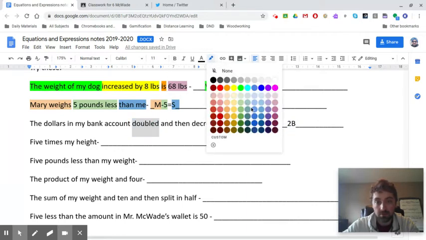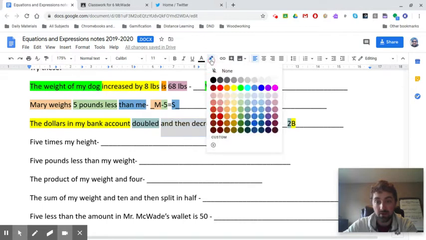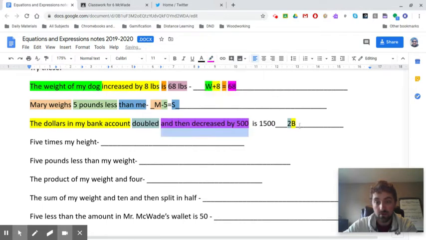I'll do highlighter. This is the last one I'll do the highlighter on. Dollars in my bank account is represented by B, because we don't know what that value is. And then decreased by 500. So that would be minus 500.